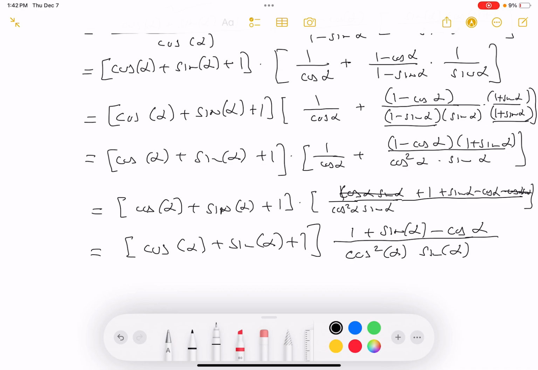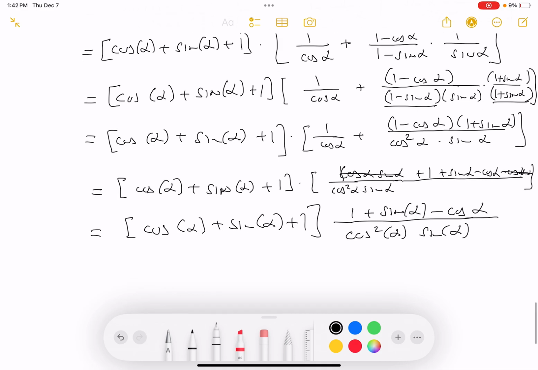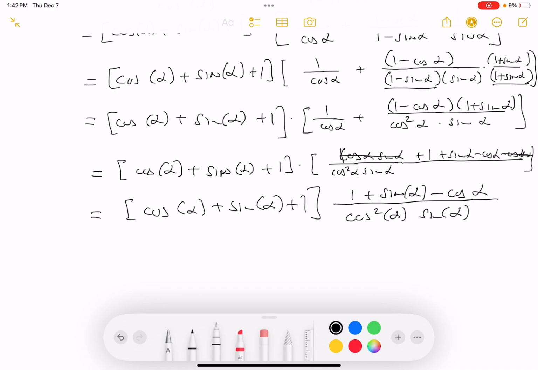Let me think. Cosine, yeah, I think I did okay. I'm wondering where to go with this, though. I think it's going to work out nicer, but I don't know. What else could you do? I guess not much you could do here, is there?